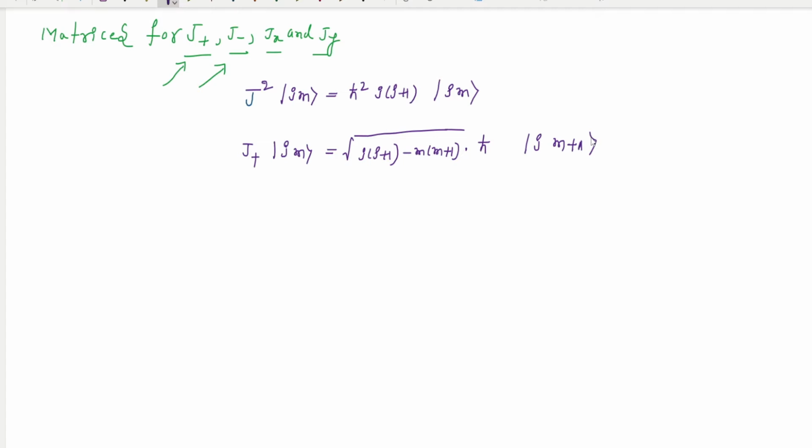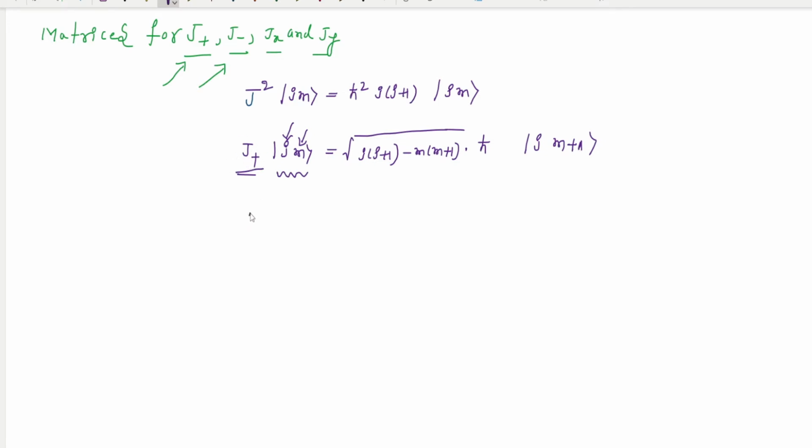If you apply J plus on this quantum state, it will not affect the J state, and the m state will increase by 1 unit. These are the eigenvalues of the J plus operator.